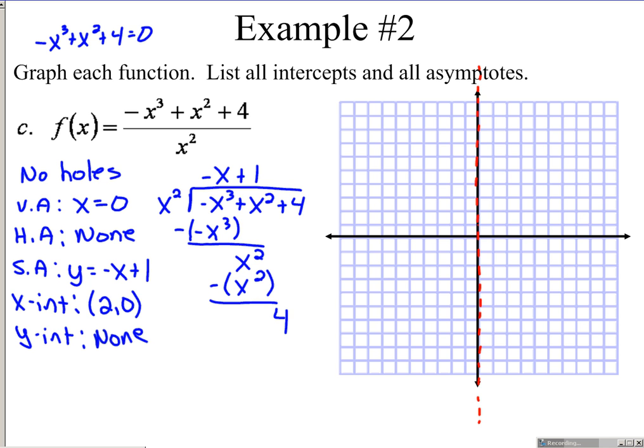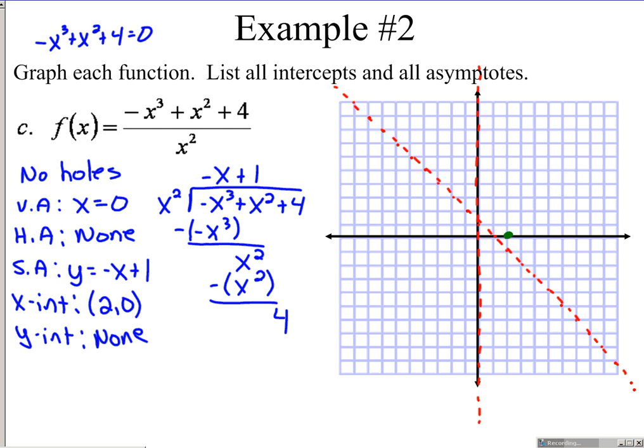So we have a y-intercept at 1. Slope of negative 1 this time. X-intercept is at 2, 0.